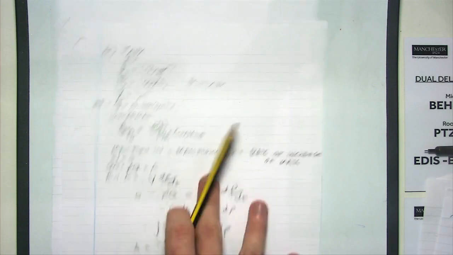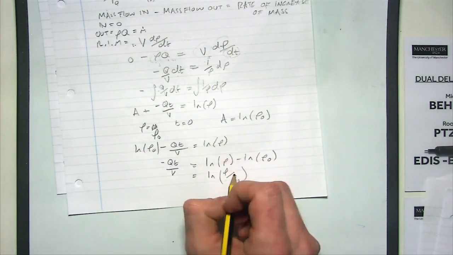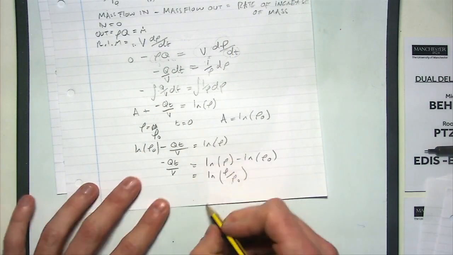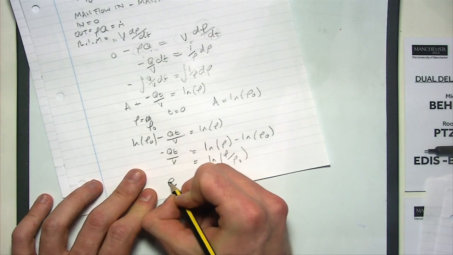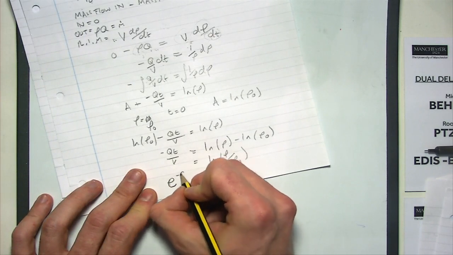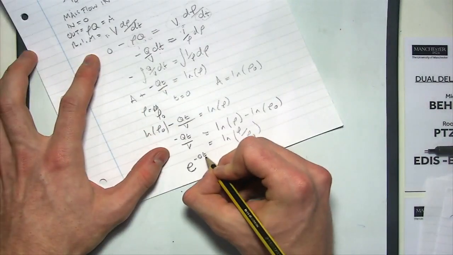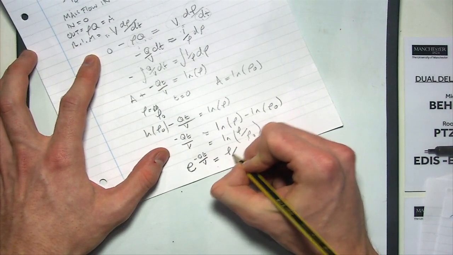Okay, so I want to isolate these on their own because we're making an equation and we want it to be as nice as possible. You may recognize the form of this equation because I'm going to exponentiate the equation. Oh, sorry, my page is slipping. qt over v is equal to rho 0.